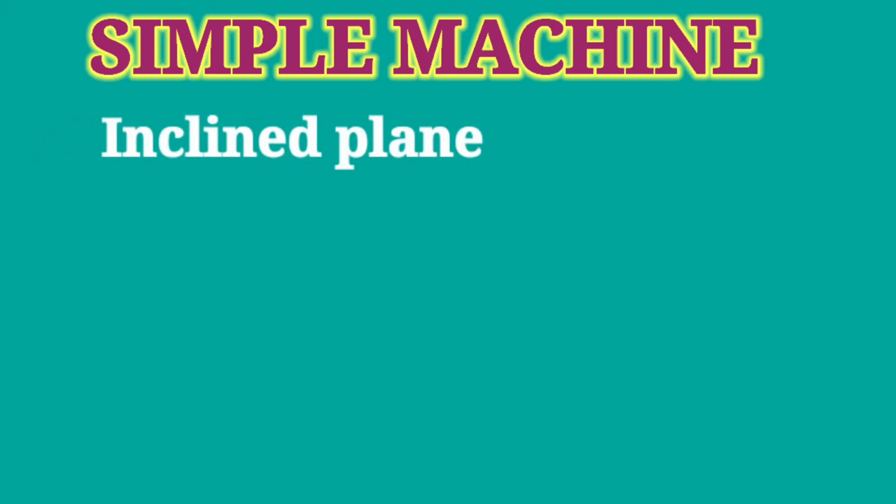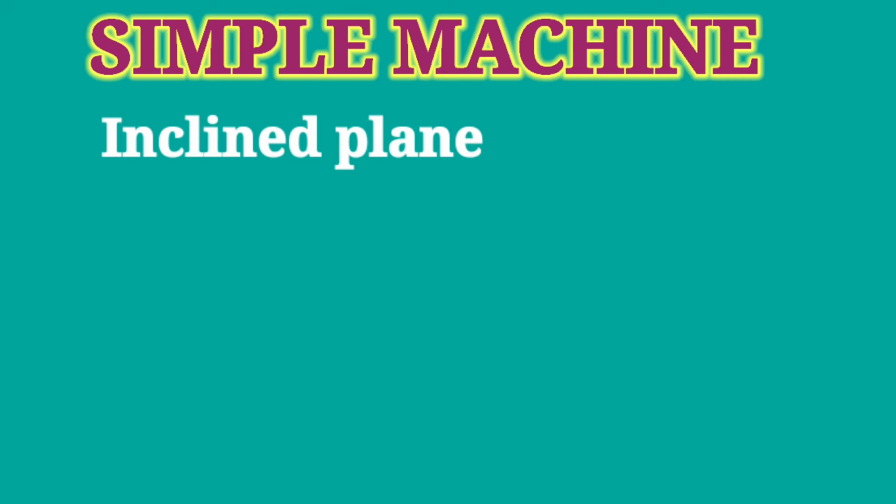Now, the fourth type of simple machine is the inclined plane. Maybe you have seen a ladder or a staircase or a winding road on a hill. These are slanted surfaces making a certain angle with the ground.